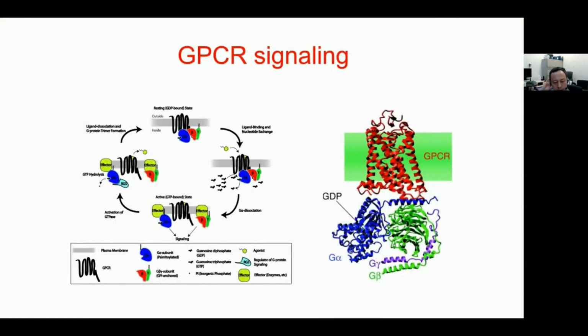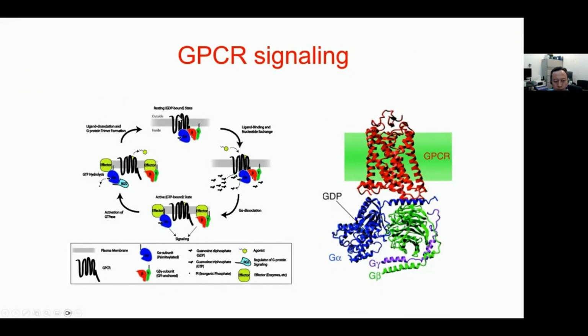Okay, so in small molecule drug discovery, 30% of drugs target membrane receptors, which are G protein-coupled receptors. And this is an example. It works by sensing extracellular information and passing that information inside the cell, so the cell can respond properly. The signaling cycle is like this.